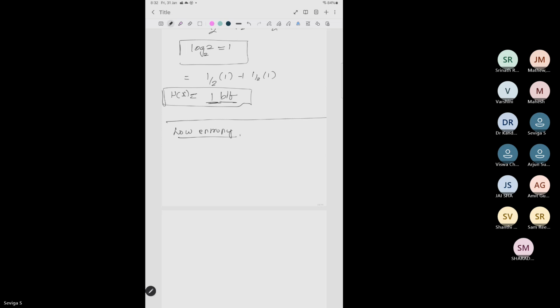Suppose we are using a biased coin where we will get heads all the time. So probability of x1 is going to be 1. Probability of x2, we are not going to get tail at all. We are always going to get head. So then P of x1 is going to be 1 and P of x2 is going to be 0 always. So in that case, I'm rewriting this by substituting in this formula.